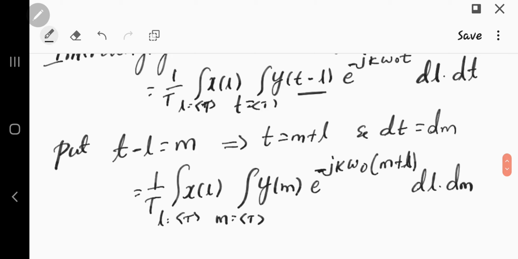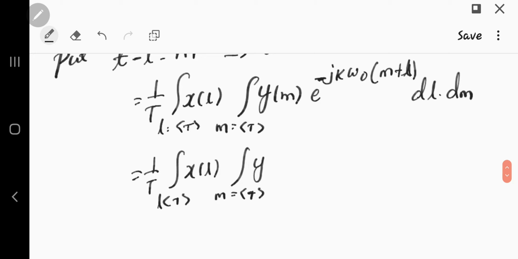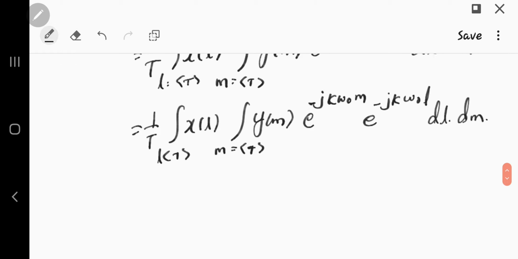1 by T, L is equal to 0 to T, x of L, and this t is replaced by m, so m is equal to 0 to T, y of m e power minus j k omega naught, and this t is replaced by m plus L, dL dm. So, 1 by T integral of x of L, m is equal to 0 to T, that is one particular duration of this periodic signal, e power minus j k omega naught m, e power minus j k omega naught L, we are splitting this, dL dm.